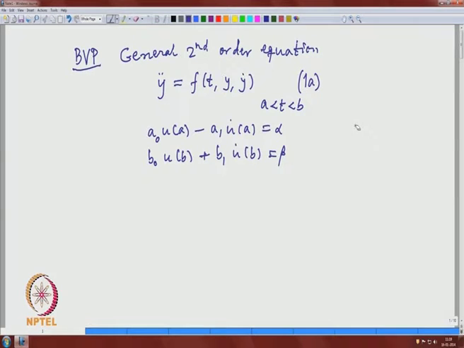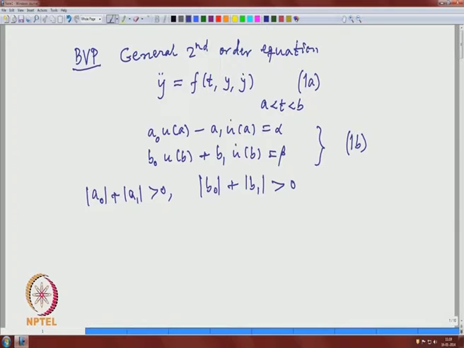So, the boundary conditions 1b: the condition was that a0 and a1 do not vanish simultaneously, and similarly b0 and b1 do not vanish simultaneously.